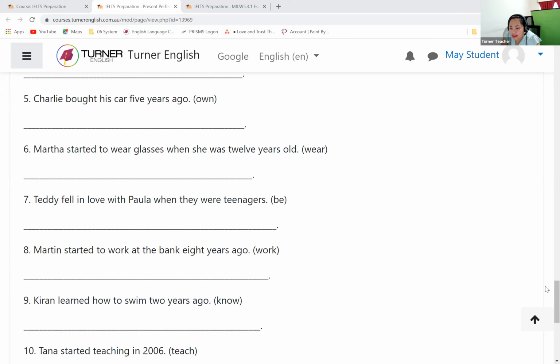Yes, that's correct. Teddy has been in love with Paula when they were... no, not "when." When you say "when," it means it is just during that time, but it is from there up to now, so you want to use the word "since."